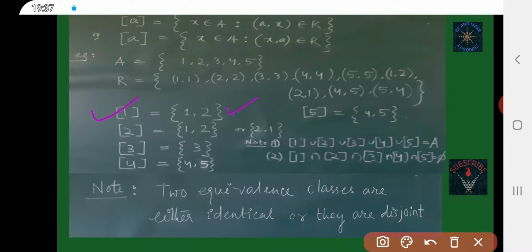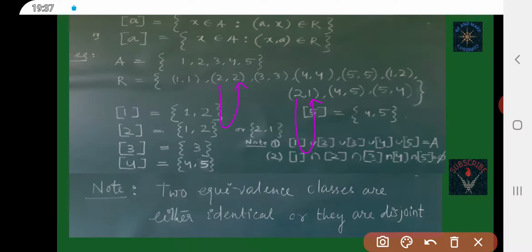Okay, now come to the equivalence class of 2. So all elements related to 2, that is 2 is related to 2, 2 is related to 1.